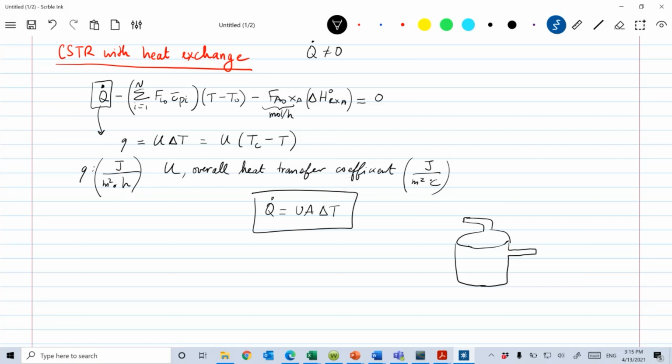But small q, don't you have it in joules per area per hour? So if you're multiplying U with temperature change, where's the time coming from?